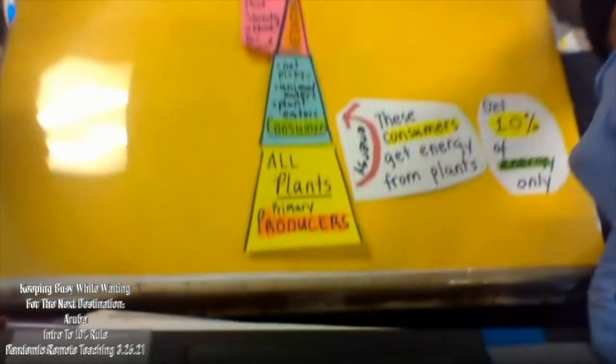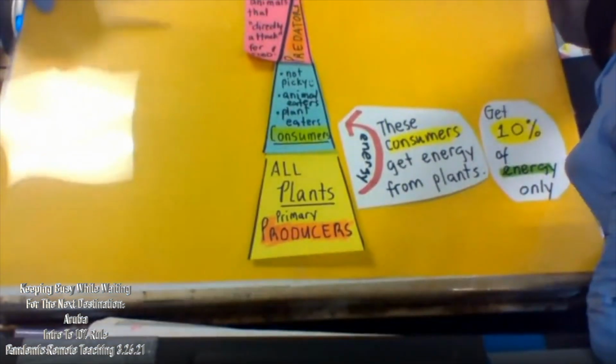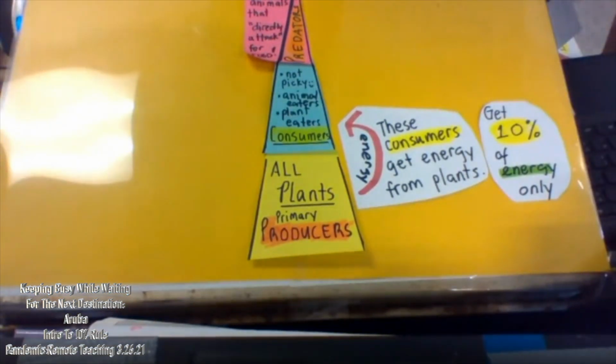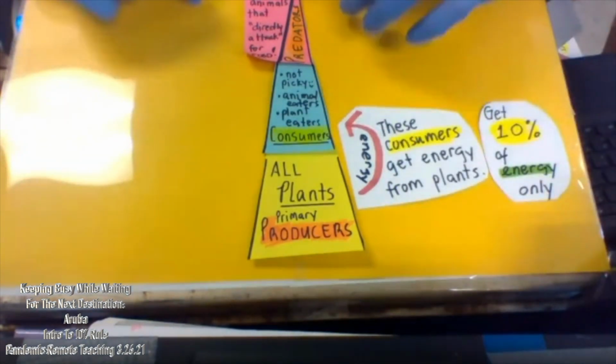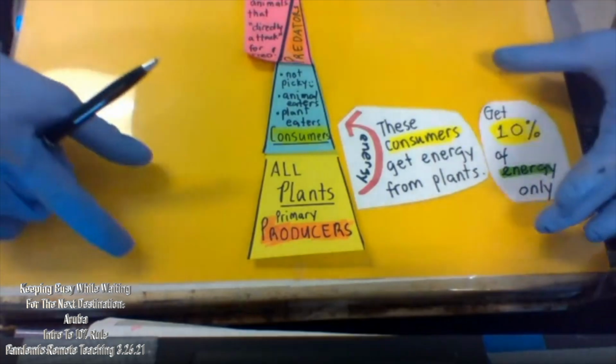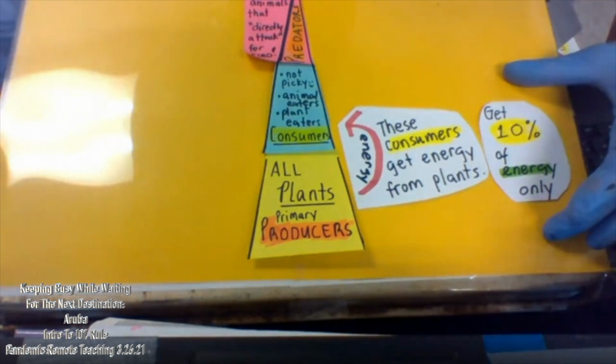Does it make sense? Let me refocus. Does it make sense? Tell me. Or is it clear at this point? We still have a bit of a stretch to go. Let me check. Are we clear this time? All right, give me your level of understanding at this point. 5, I know it so well. 4, I'm good. 3, I have a question.